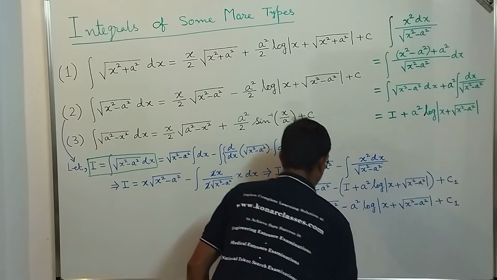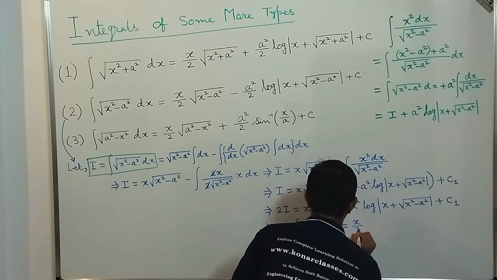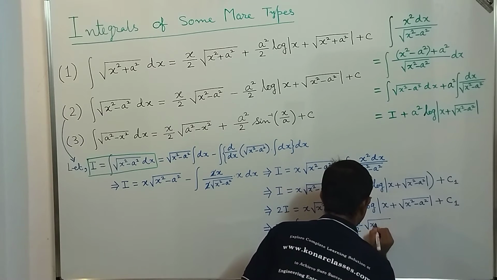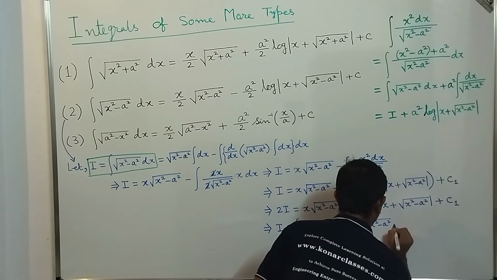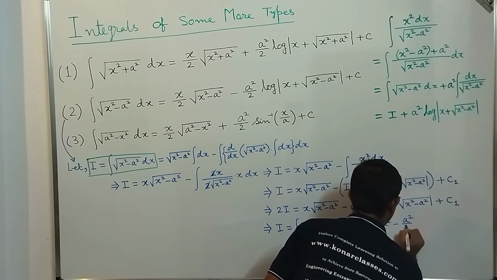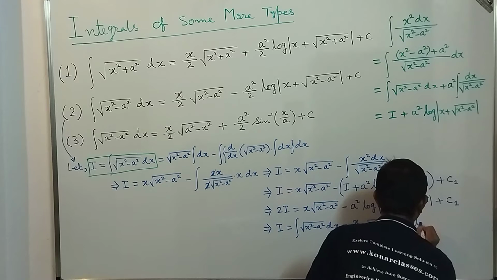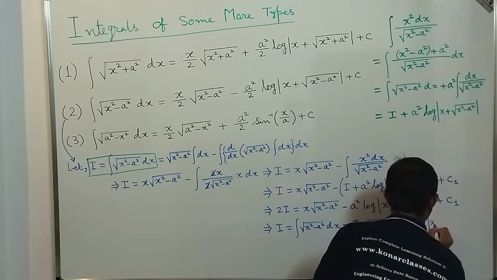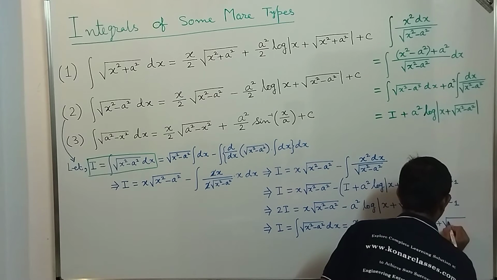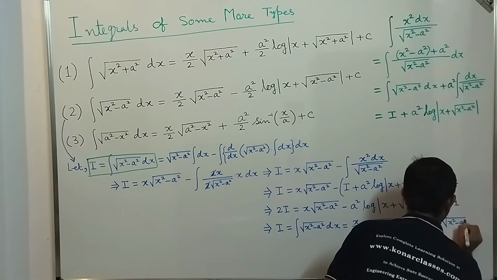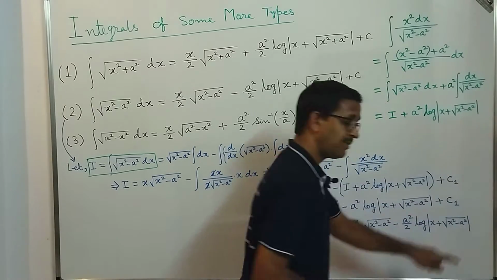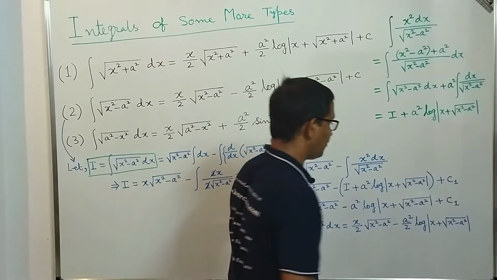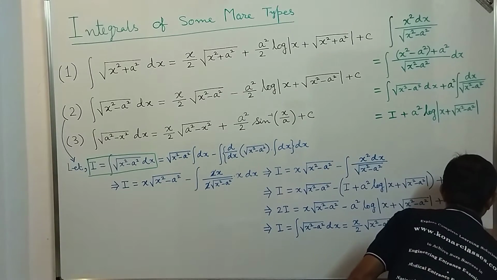This is equal to x by 2 into square root of x square minus a square minus a square by 2 into log mod x plus square root of x square minus a square plus c1 by 2, and c1 by 2 we consider as one constant, plus c.